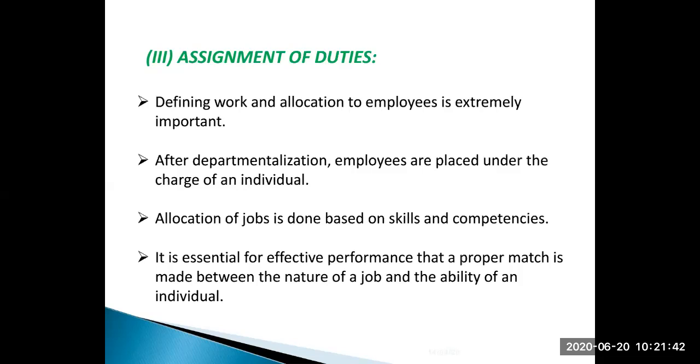If I'm not good in communication, how can I be placed in the marketing department, or in the sales department? So the nature of the job should match the ability of the individual. That is, assignment of duties has to be right.